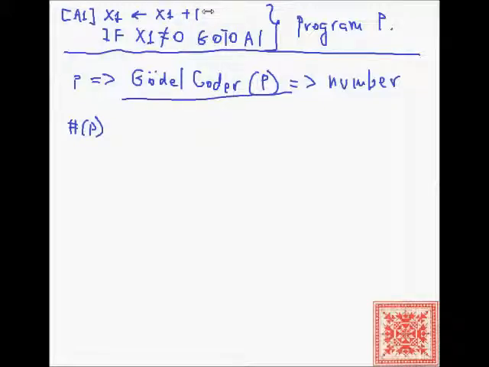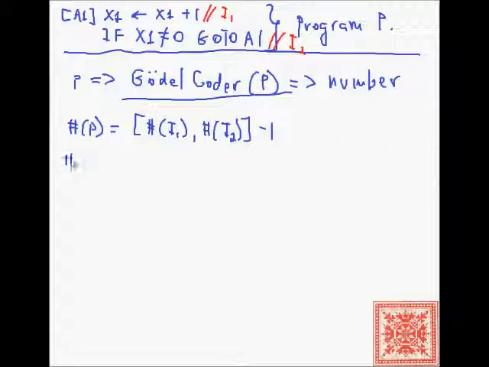Let me use the C++ Java comment. So this is I1, the first instruction, and this is the second instruction. By definition, the number of the program is the Gödel number whose first component is the number of the first instruction, and whose second component is the number of the second instruction. So this is the Gödel number, and then minus 1.